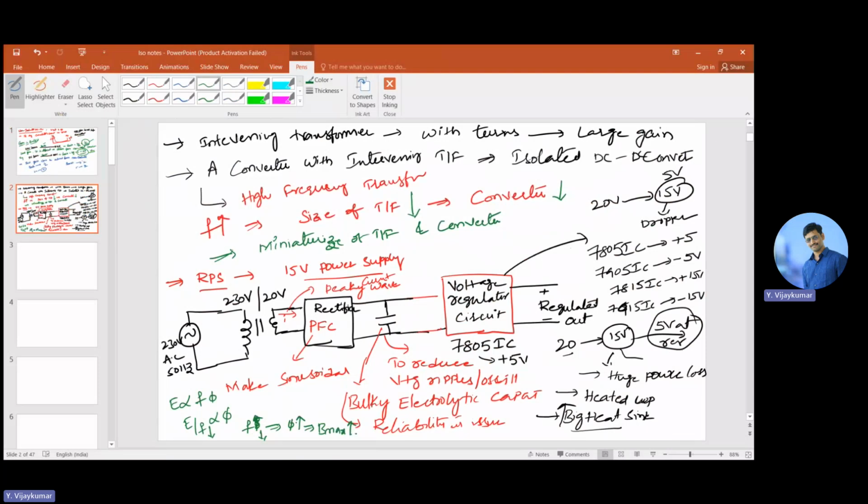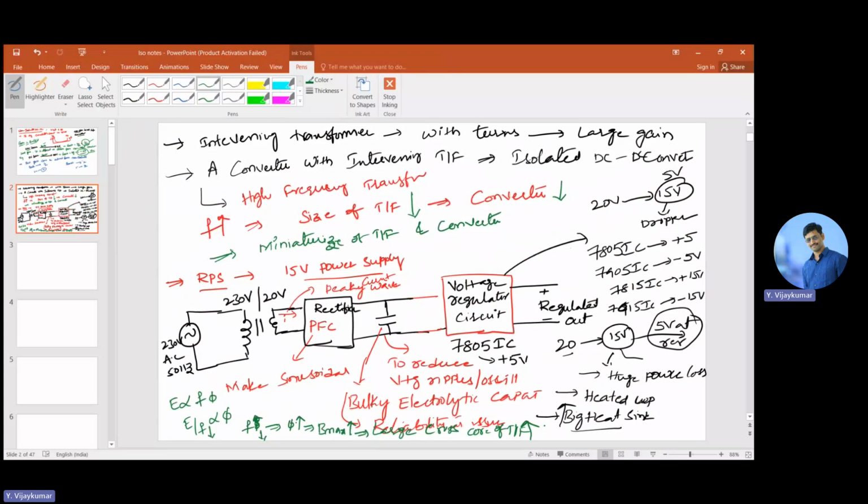As Bmax increases, we need to set up a huge Bmax, so we have to choose a large cross-sectional core of the transformer. As the cross-section area of the core increases, the size also will be more.